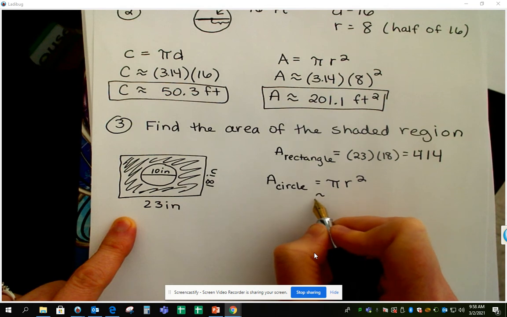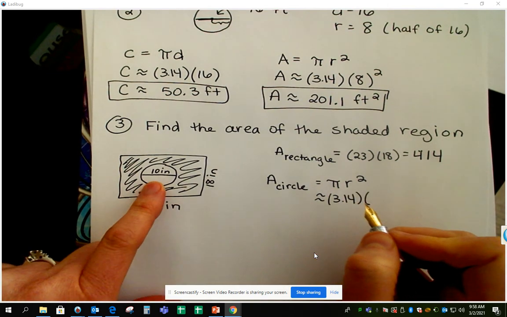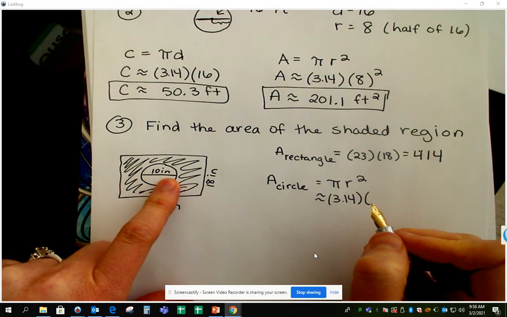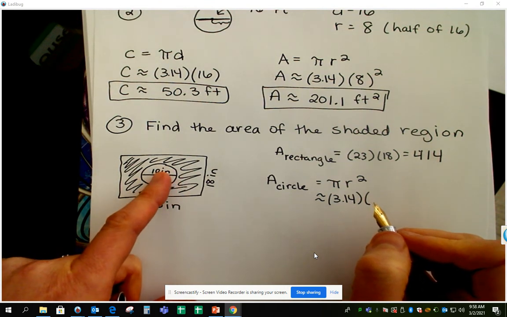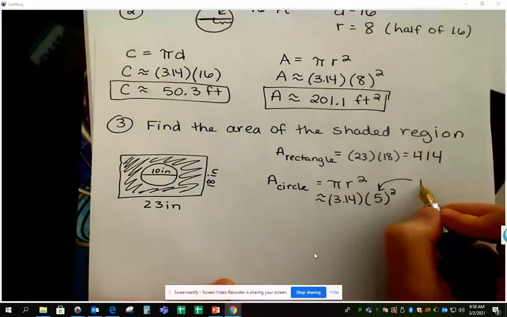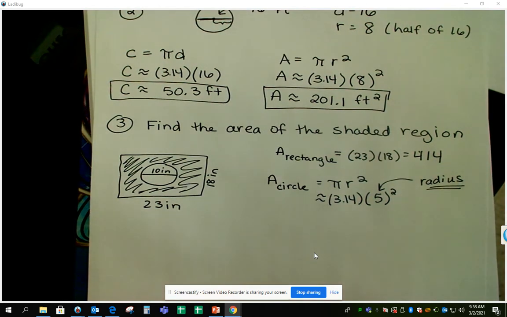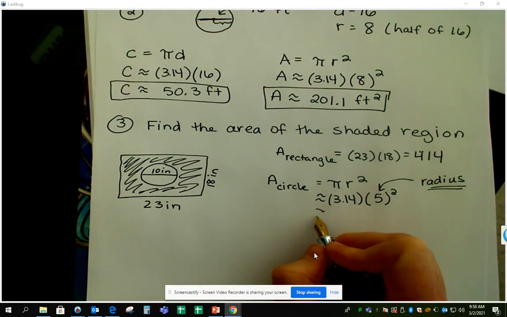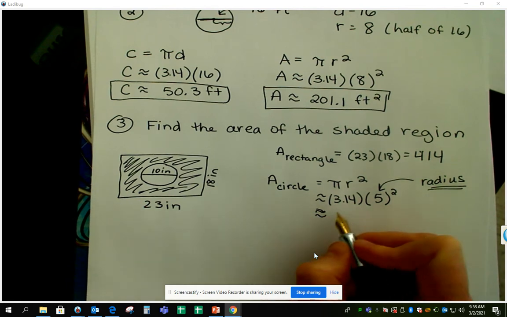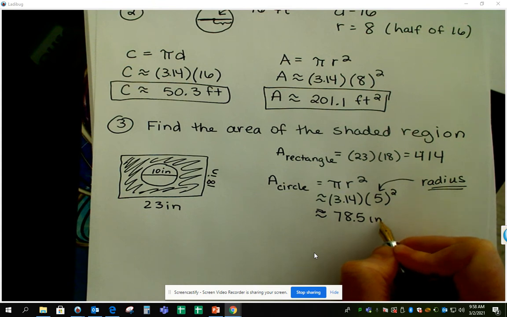So when I plug it in, I'm going to have 3.14 times, and what's the radius? The diameter is 10, so the radius would be 5 squared. Make yourself a note, that's the radius, not the diameter. And when I plug that into my calculator, the area of the circle is approximately 78.5 inches squared.